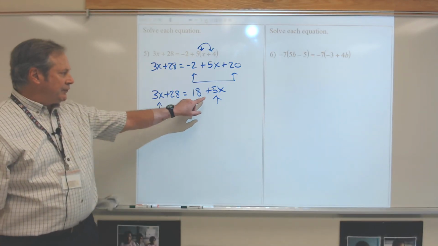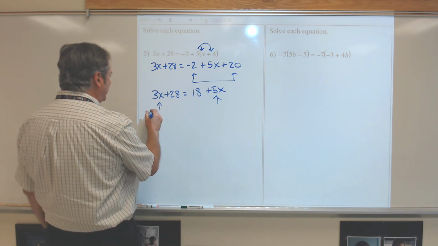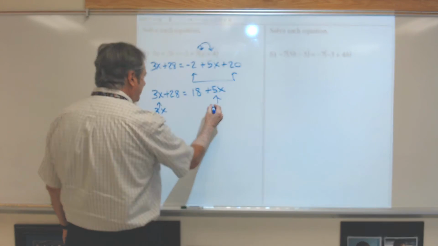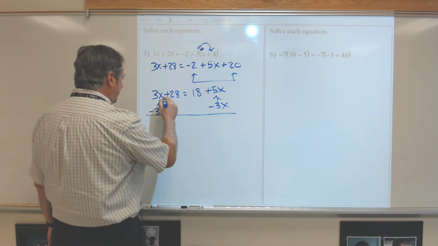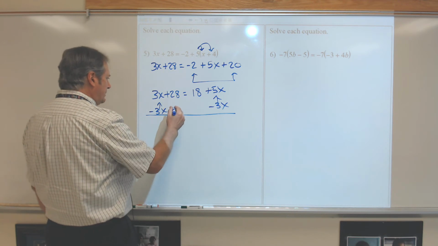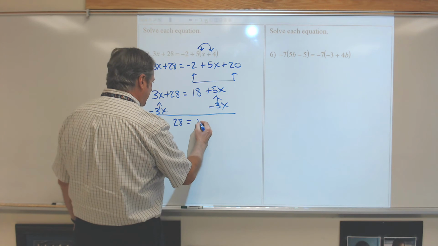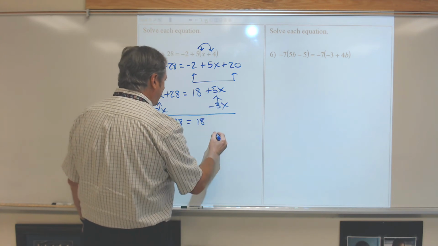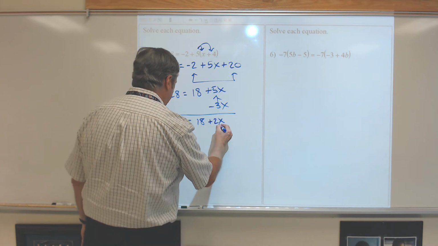Since 3x is smaller than 5x, I'm going to move it over. Since it's positive, I can subtract 3x from both sides. All right, so 3x minus 3x is 0. Bring down the 28. Bring down the equal sign. Bring down the 18. And 5x combined with a negative 3x is positive 2x.